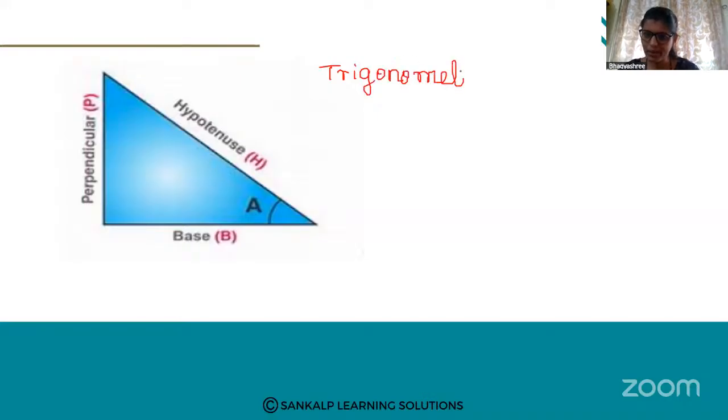Trigonometry. Tri means 3, three sides. Metry means measurement.